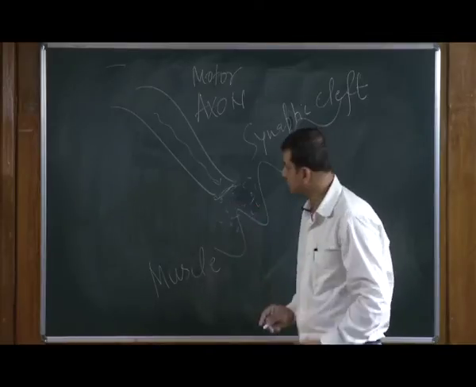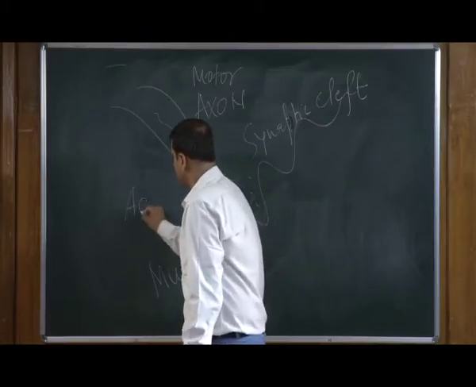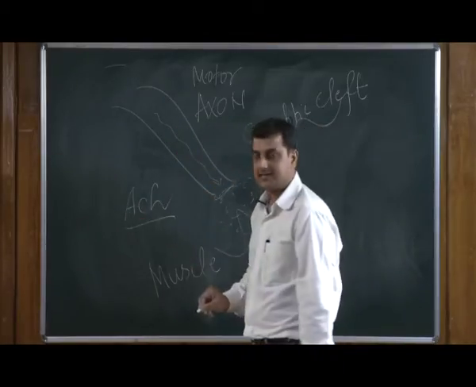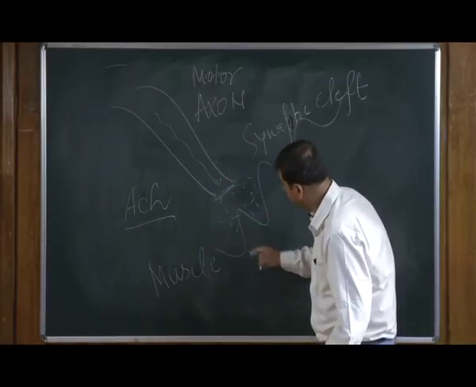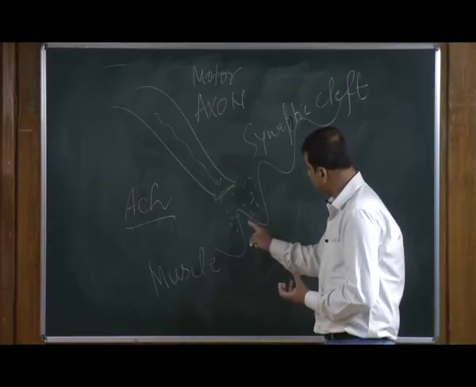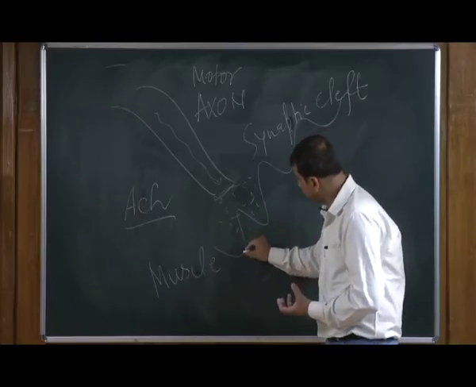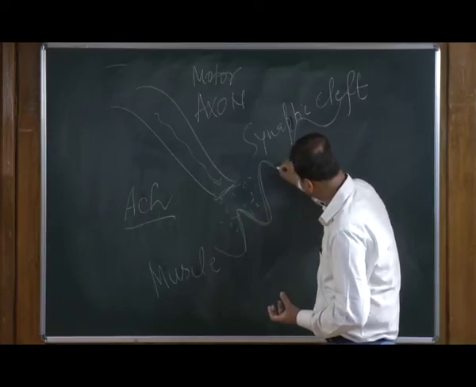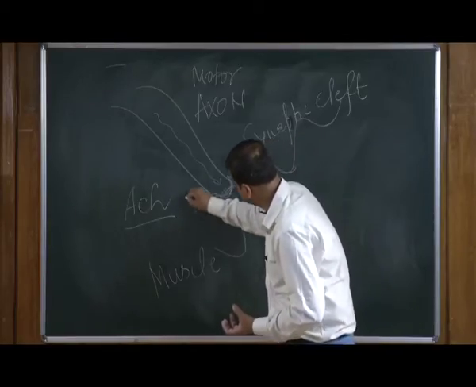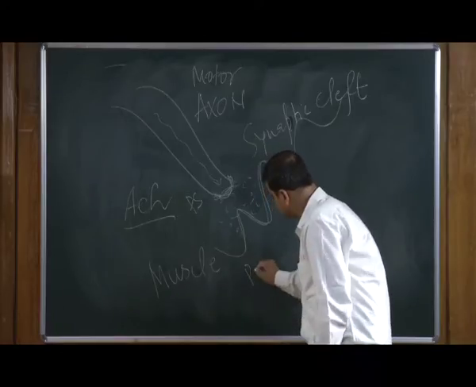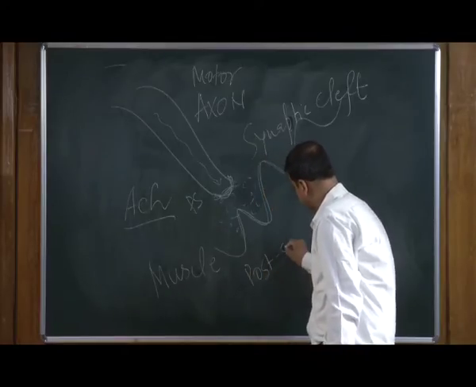One common neurotransmitter is acetylcholine, which we simply write as ACh. This acetylcholine binds to the postsynaptic area. This is presynaptic and this is postsynaptic.